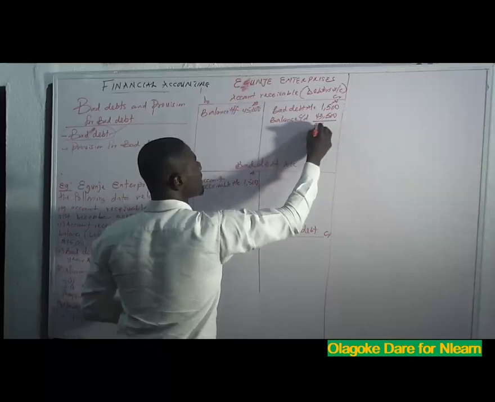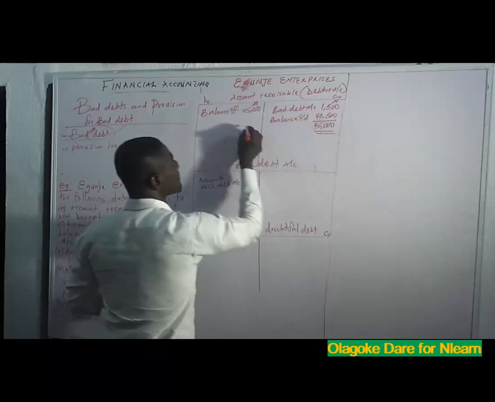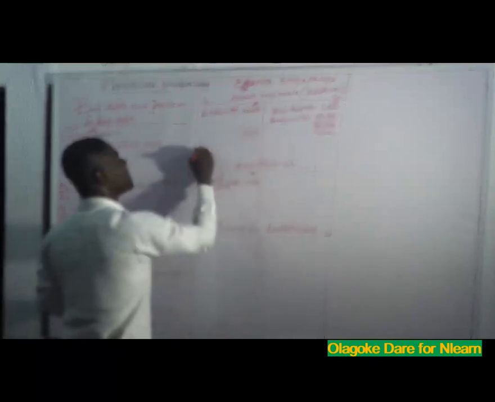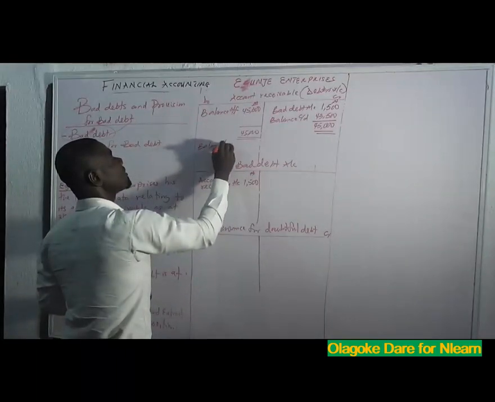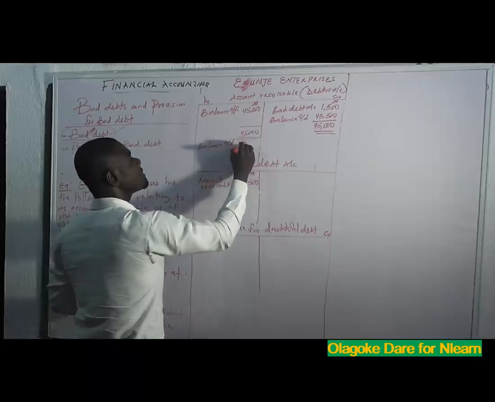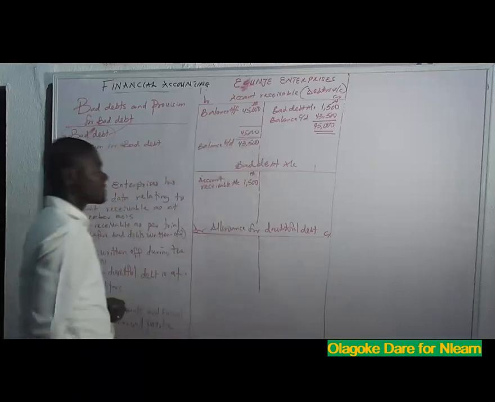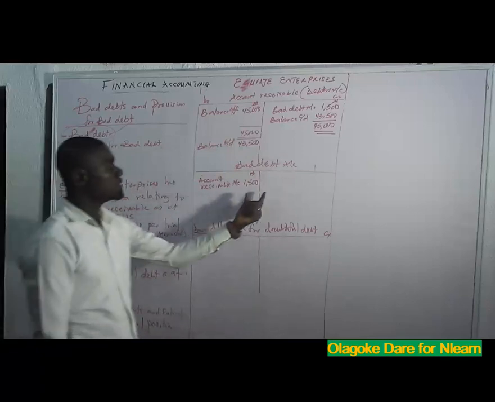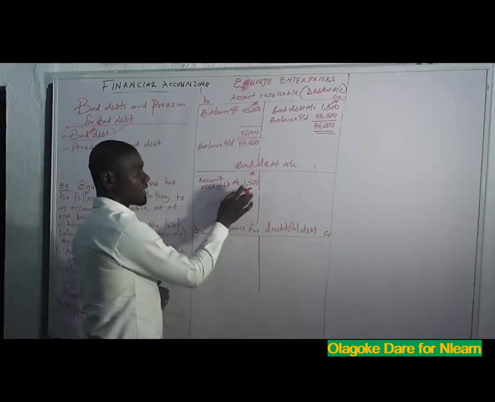So we can balance this account. So we have our balance brought down to be 43,500.